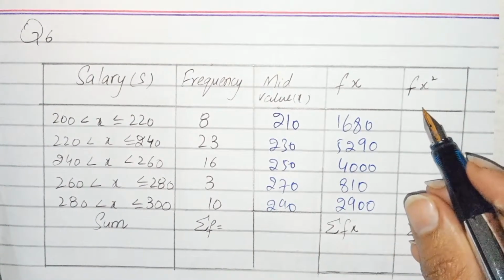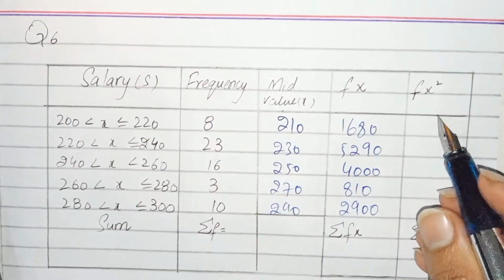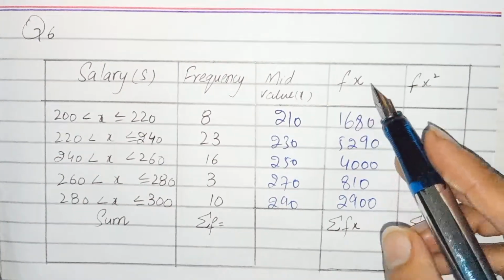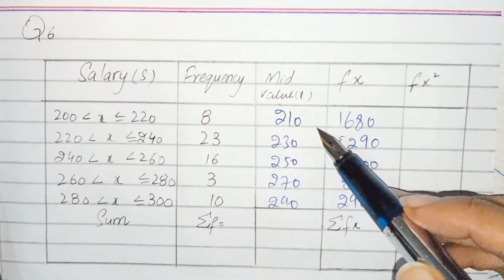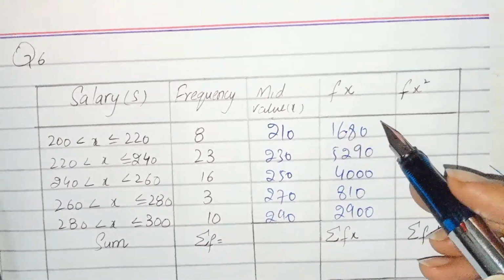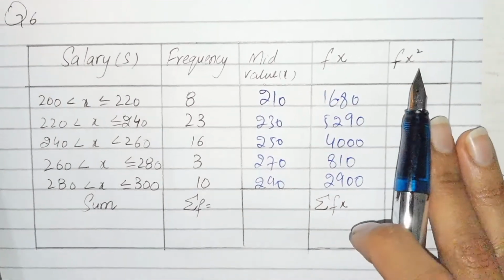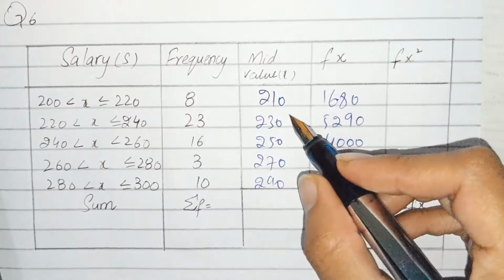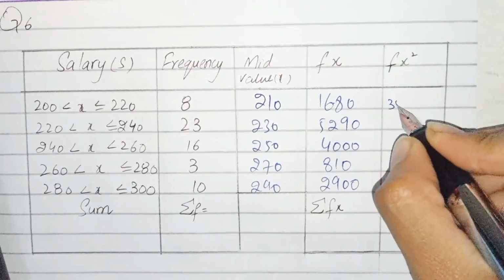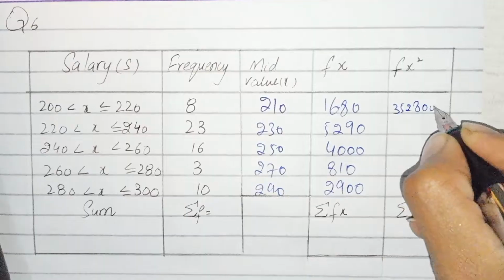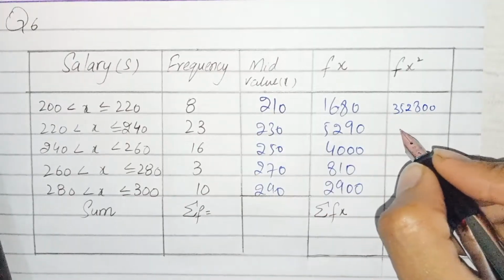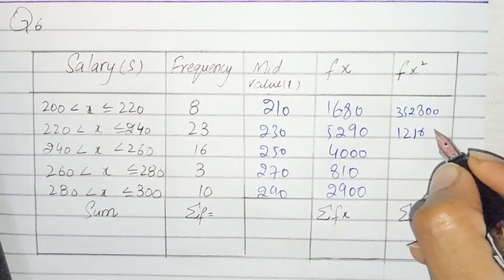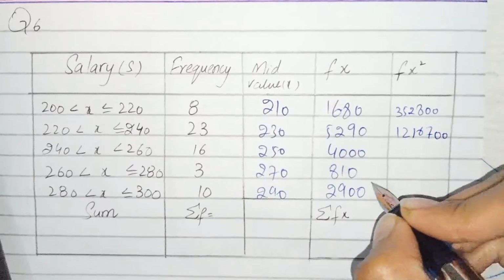Now we have to find the value of fx square. We have to multiply the fx with x, with the value of midpoint, and by multiplying it we get 352,800, and with this we get 1216700.